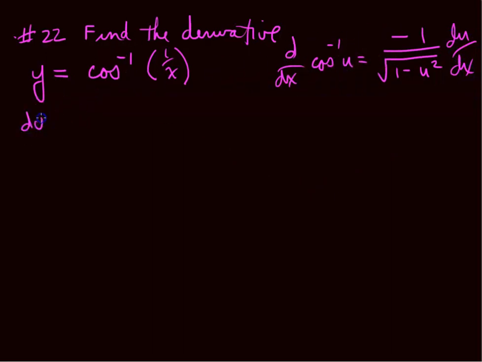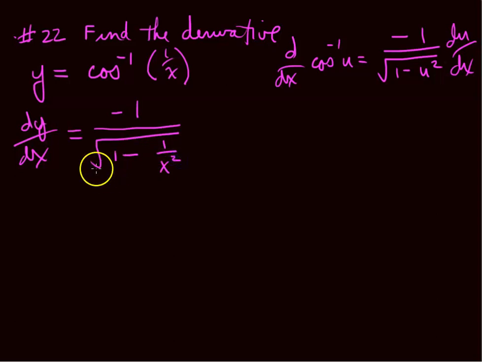So the derivative of y with respect to x is negative 1 over the square root of 1 minus, well, this is the u, 1 over x, so it's 1 squared over x squared. And then the derivative of 1 over x. Well, you might even do that here.